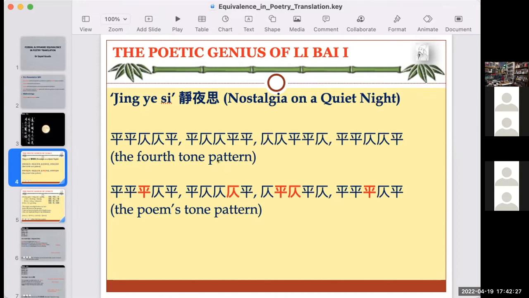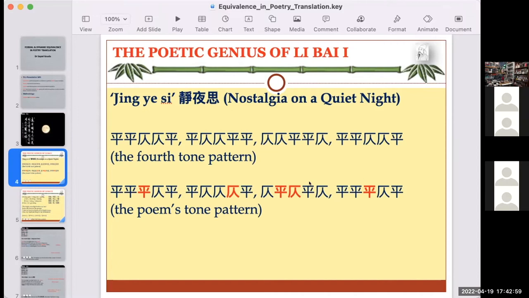However, Li Bai made some changes in his version. He made a few inversions in the poem at his will, without following a certain rule, but he changed the 3rd zi into ping, okay? And he changed also the 4th ping into zi, and the 2nd and the 3rd from zi ping into ping zi.